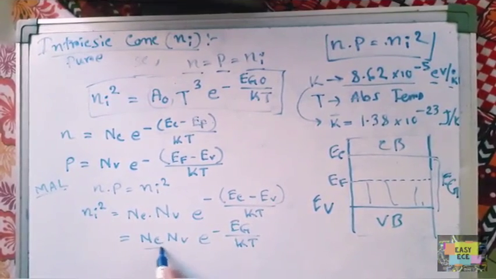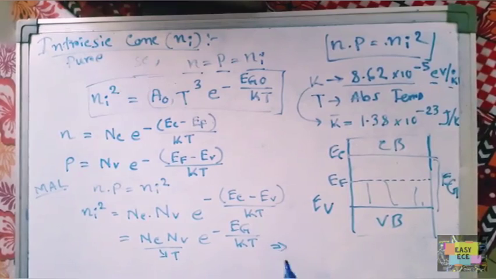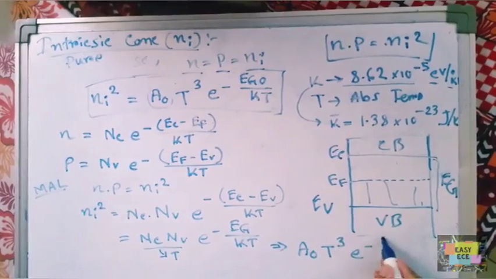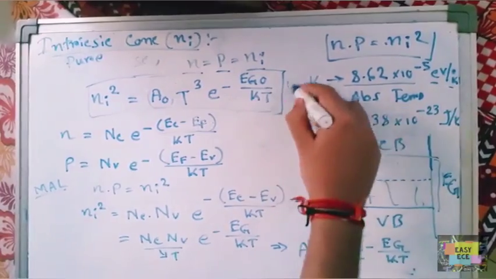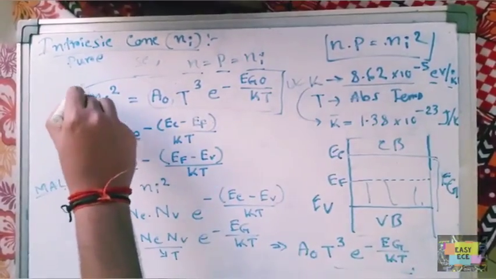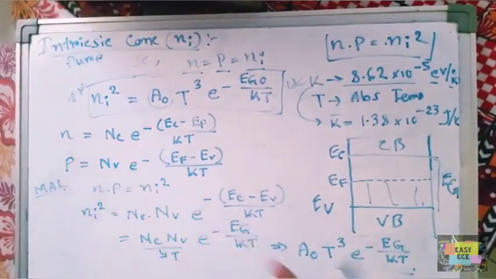Now Nc and Nv are constant terms, and they depend on temperature. So the constant terms become A naught into T to the power 3 into e to the power minus Eg by kT. This is a very important formula to calculate the intrinsic concentration.